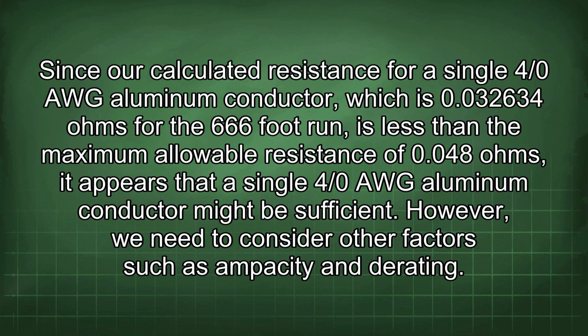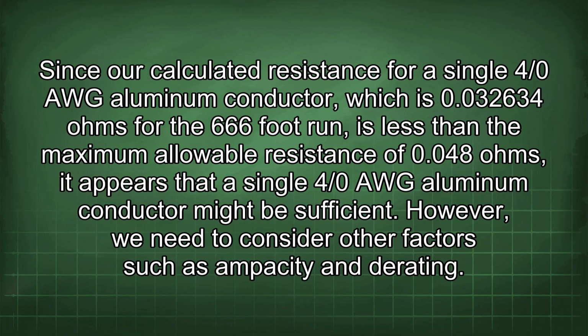Since our calculated resistance for a single 4/0 AWG aluminum conductor, which is 0.32634 ohms for the 666-foot run, is less than the maximum allowable resistance of 0.48 ohms, it appears that a single 4/0 AWG aluminum conductor might be sufficient.